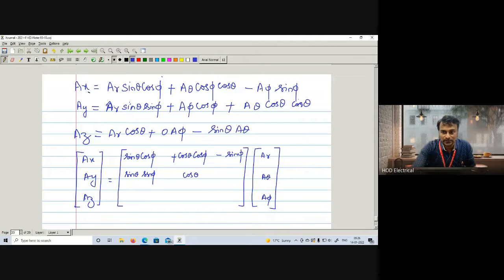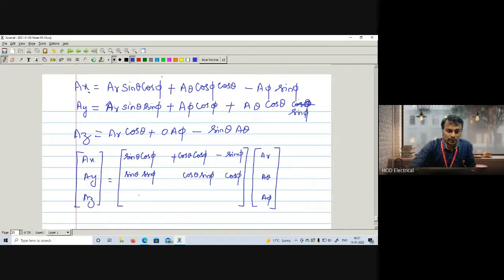Because this is cos phi. Then the third component, cos phi.